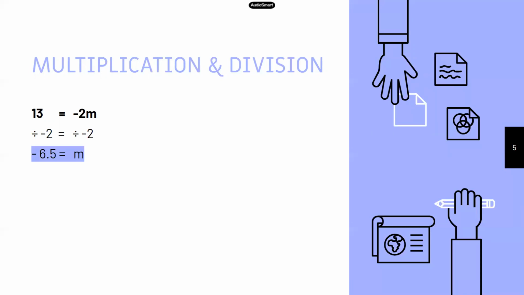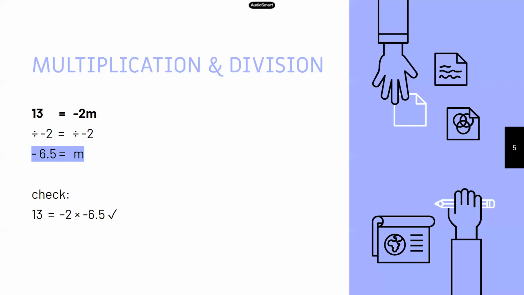And on the right side, we're left with just m. That means that we've solved our equation, and m is equal to negative 6.5. So again, we need to remember that we have to check our work. And once we do that, we can see that 13 is equal to negative 2 times negative 6.5.